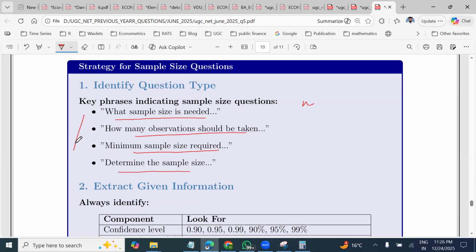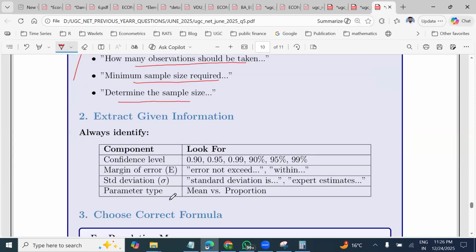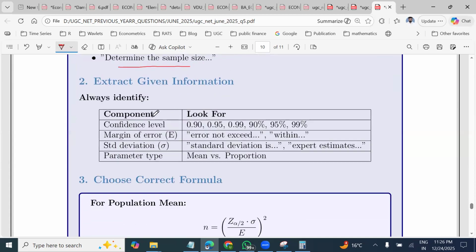Similar kind of phrase will be there. And you have to look for the component confidence level. So either it will be like this: margin of error not exceeded, with standard deviation. Standard deviation is expert estimate. So Sangeeta, your answer: expert estimate means that is the maximum value.